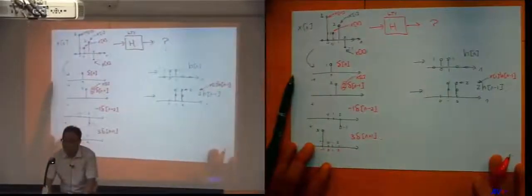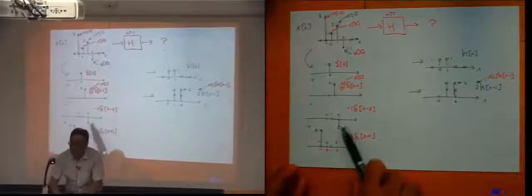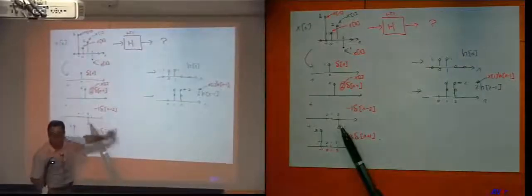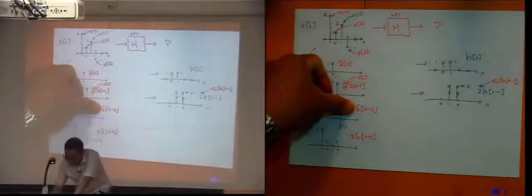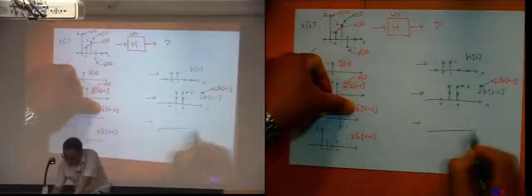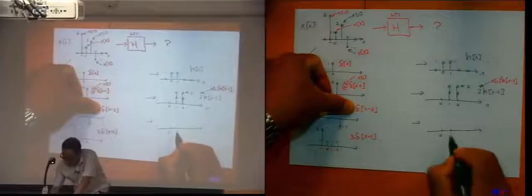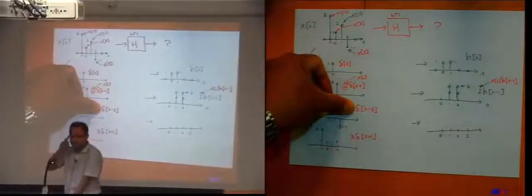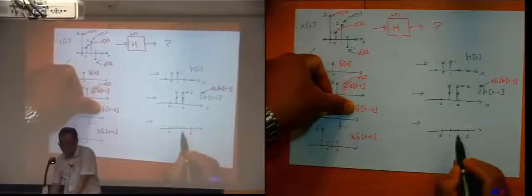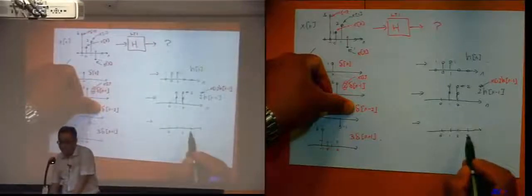Now let's try the last one. Let's ignore this again. Then what will happen, guys? 0, 1, 2, 3. At which points would it fire? At 2 and 3, right?